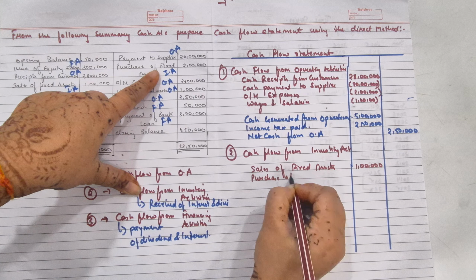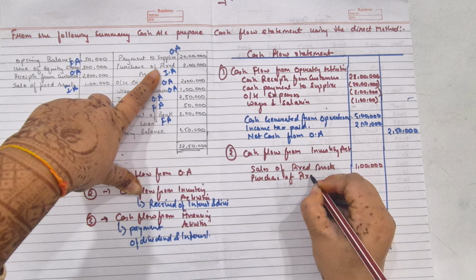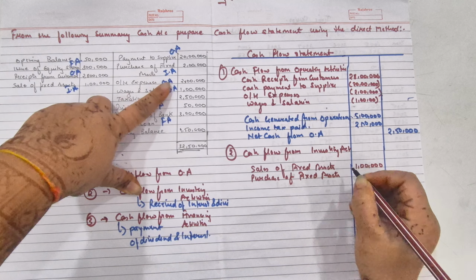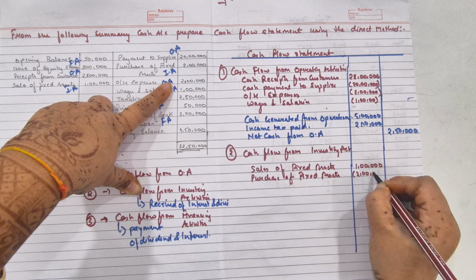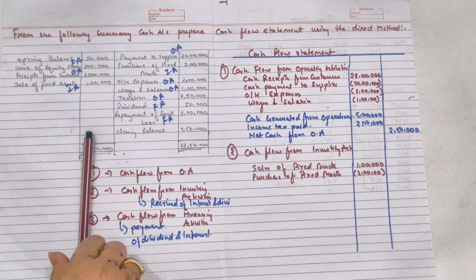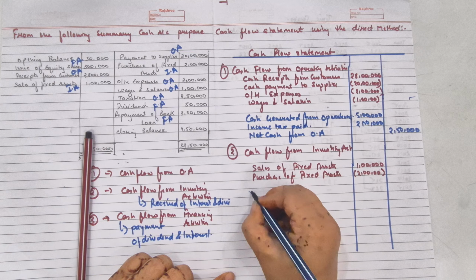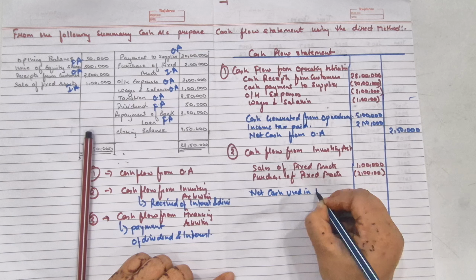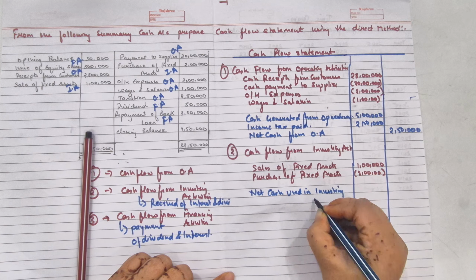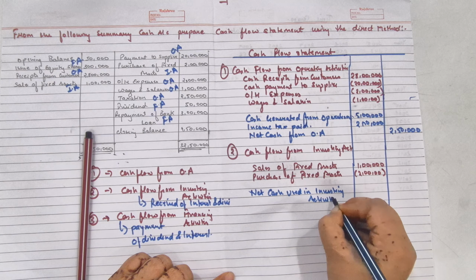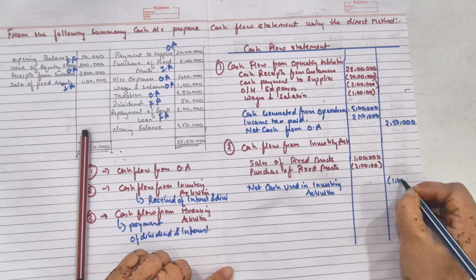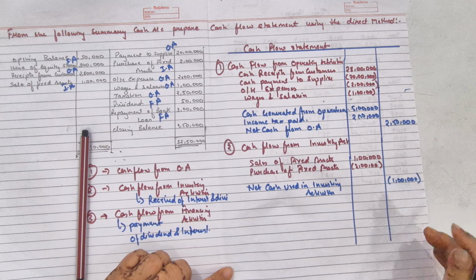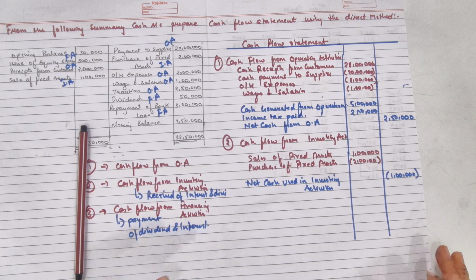In purchase of fixed asset, students, we must have made a payment, so there must have been an outflow of cash of 2 lakh rupees. So net cash used in investing activities would be 1 lakh. That means we have overspent. We have made more payment than we received. We have received only 1 lakh, but we have made a payment of 2 lakh.